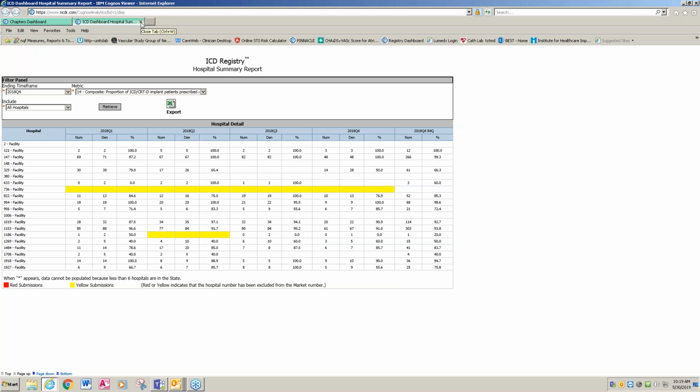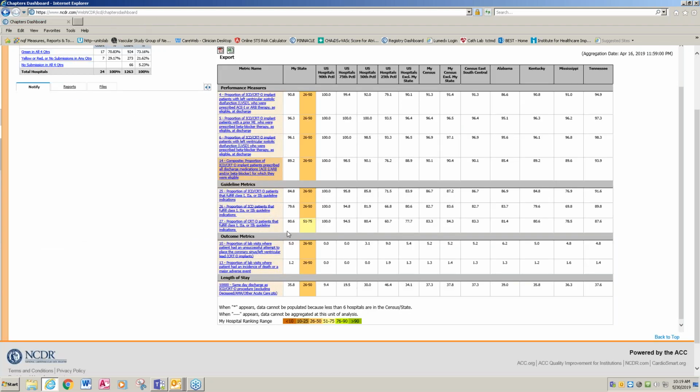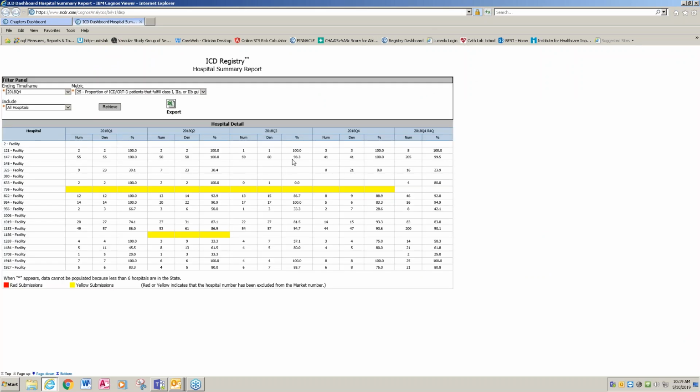And the other metric that we usually look for in the ICD registry is appropriateness, and I will open just the one that is combined for ICD and CRT-D, because the other one for the CRT-D looks good. Obviously, we need to work on our appropriateness for the ICD procedure.